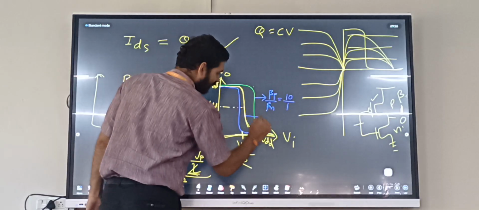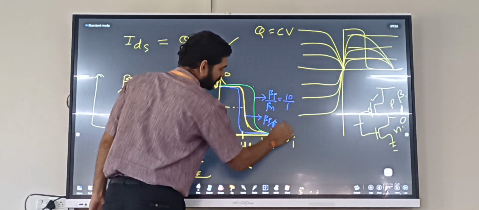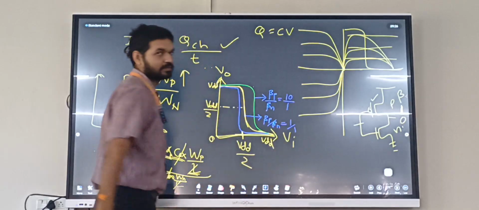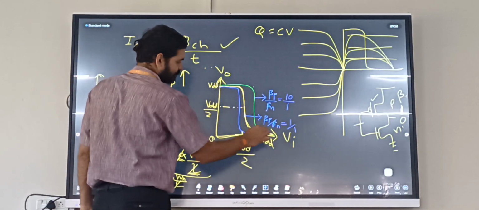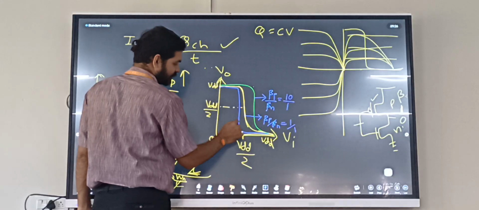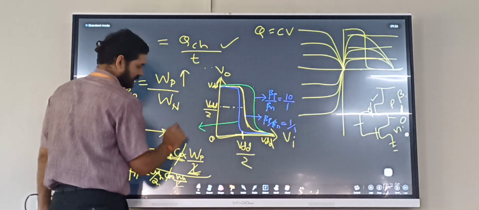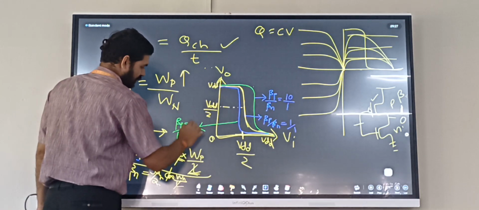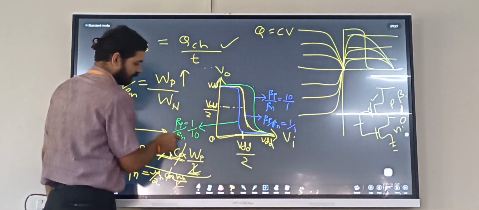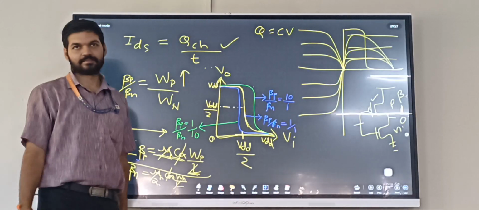So this graph is beta P by beta N equal to 1 by 1, that will be equal, so it is medium. This graph, it is beta P by beta N equal to 1 by 10, and beta N is 10.